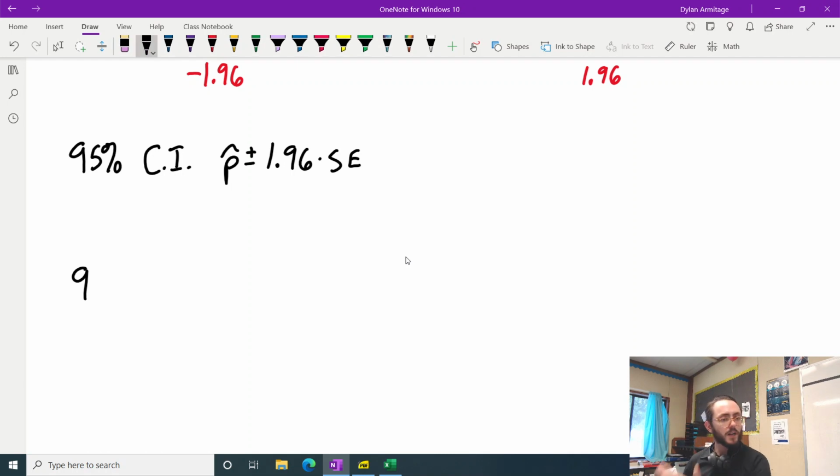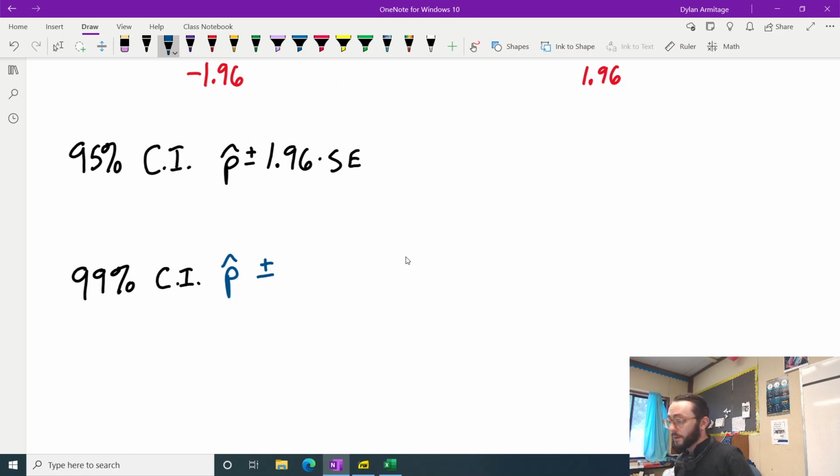Let's do the next most common version, the 99% confidence interval. So now we want to be 99% confident where our population proportion would be. Okay, well, we know that we're going to have p hat plus or minus some value times the standard error. So what is that value?